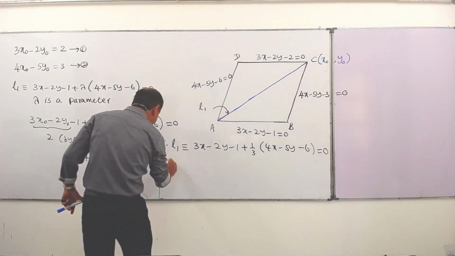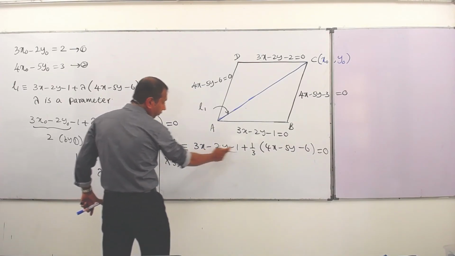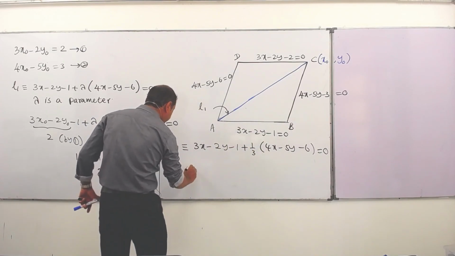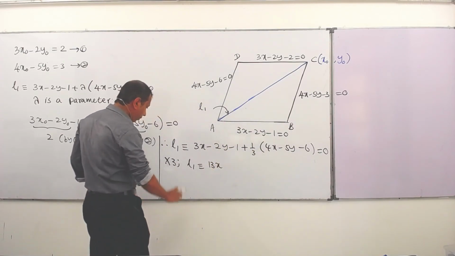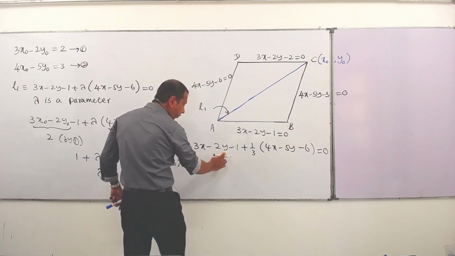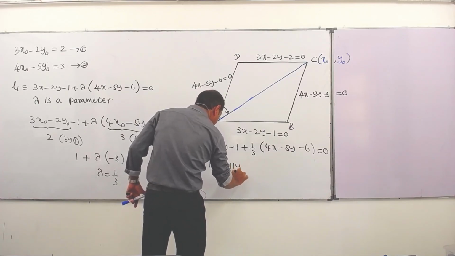Multiply by 3. Here 9x plus 4x is 13x. Here minus 6y, here minus 5y, minus 11y.